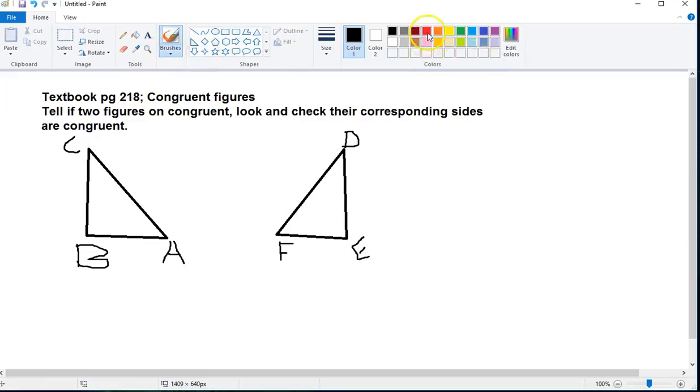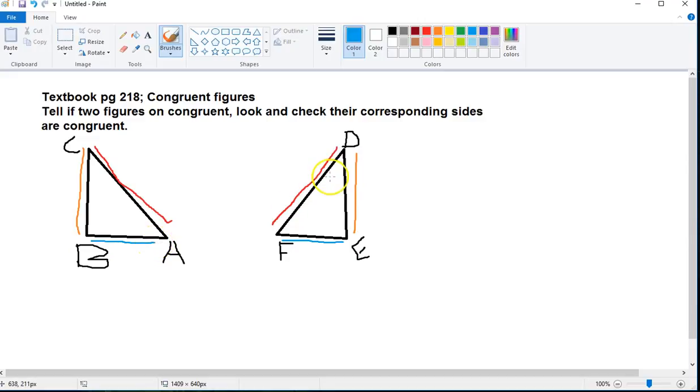That means we're going to have to check if this side is congruent to this side, this side is congruent to this, and this side would be congruent to this side.